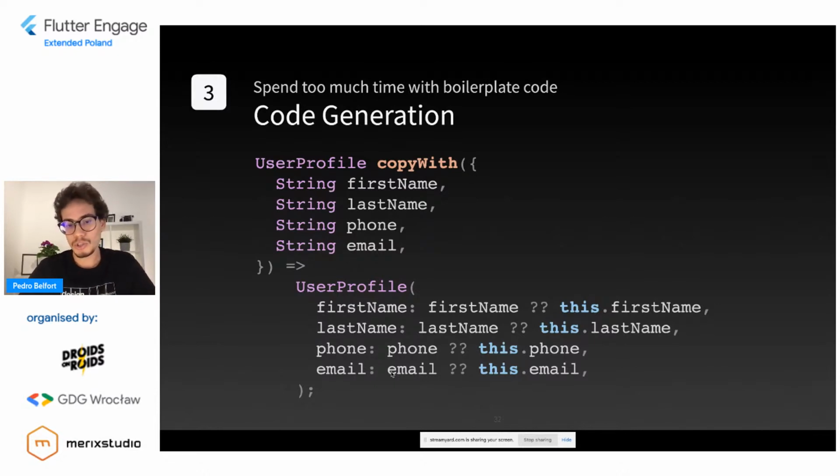And also, if you have to maintain the class and update it and include a new property, you have to go back, remember that you have to add a new argument to the copyWith method. And let's not forget that this method, the way it's written, does not support null values. So what if you want to set something as null?